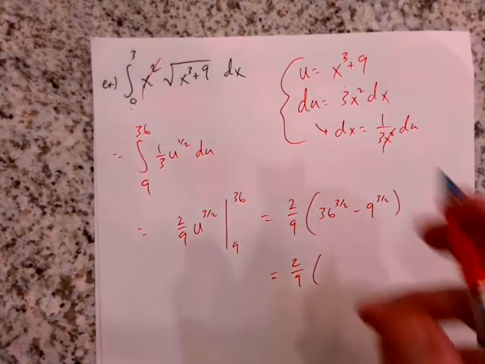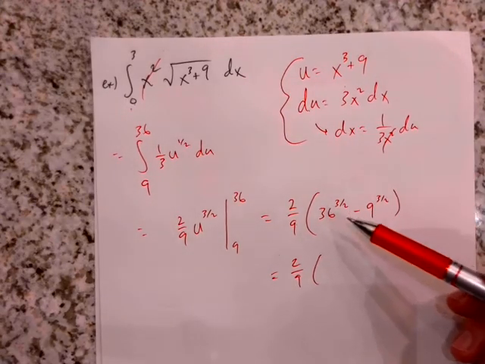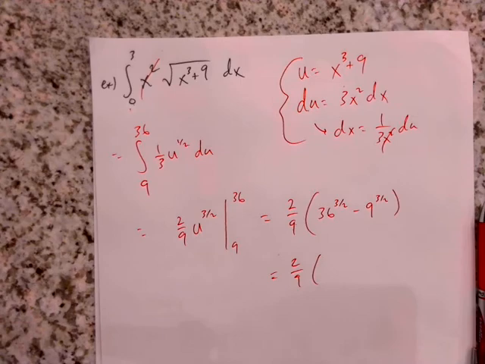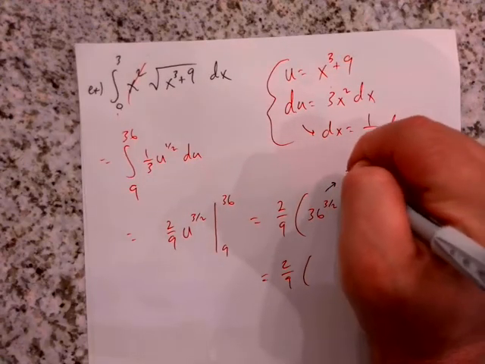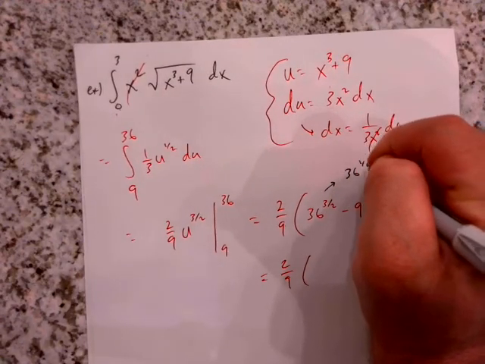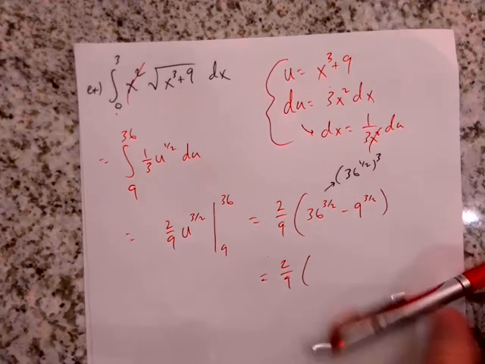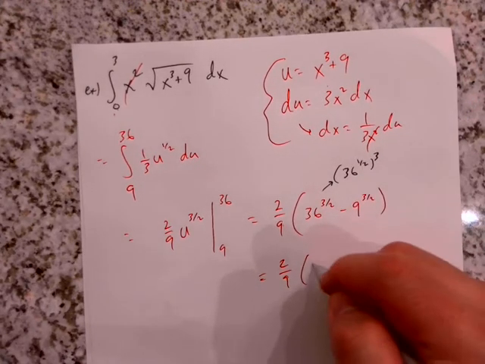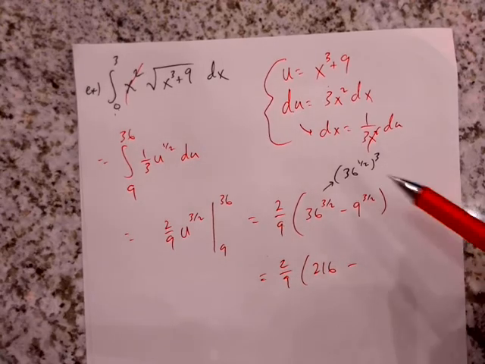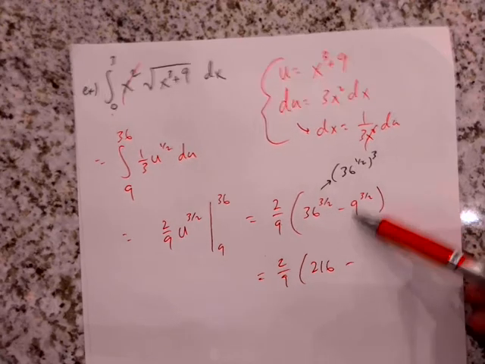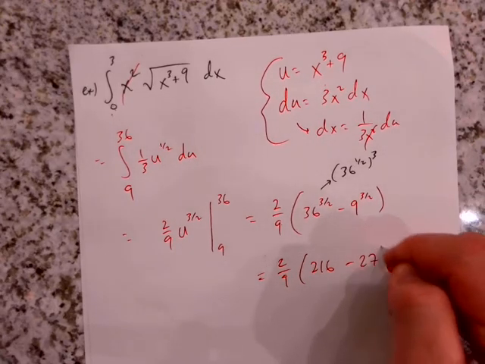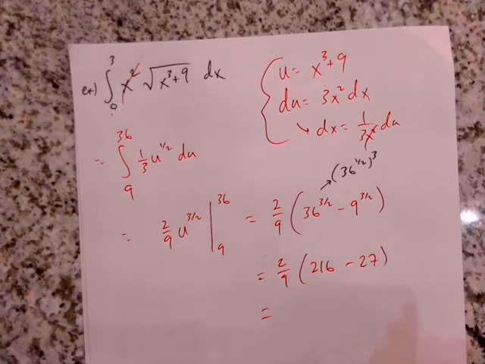36 to the 3/2. We'll do the half part first, because 36 to the 3/2 is just 36 to the 1/2 cubed. 36 to the 1/2 is 6. 6 cubed is 216. 9 to the 1/2 is 3. 3 cubed is 27. And then we get our answer.